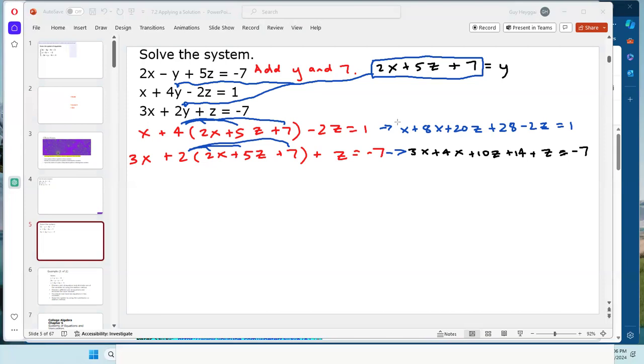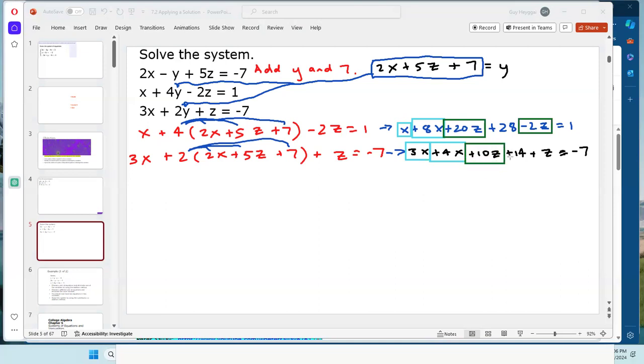We'll be able to combine these x terms in both equations, and z terms, we also have constants there.